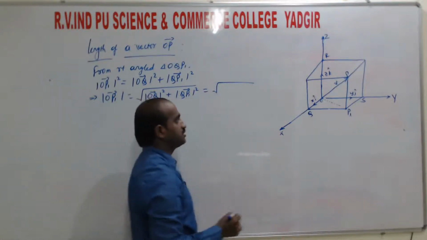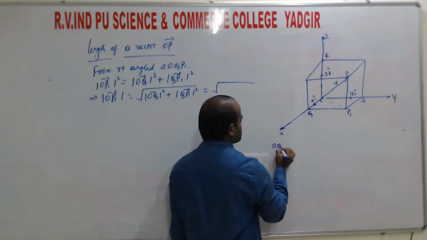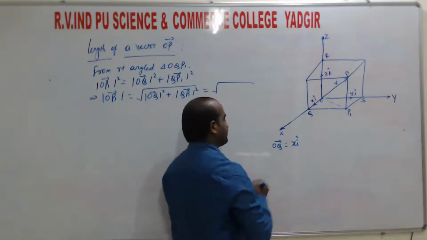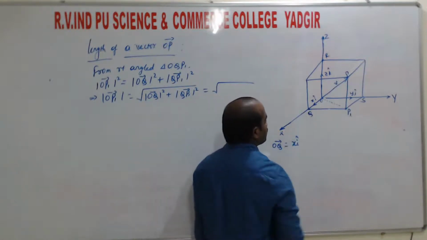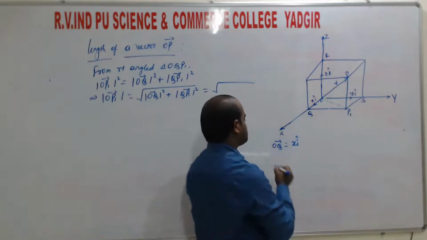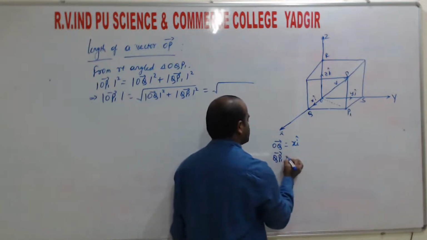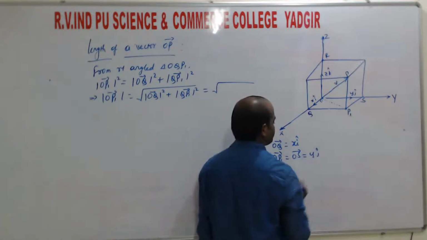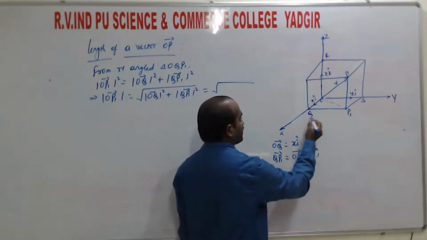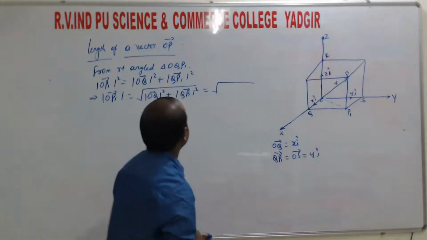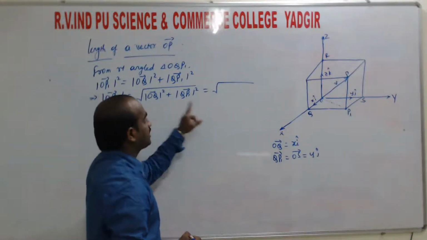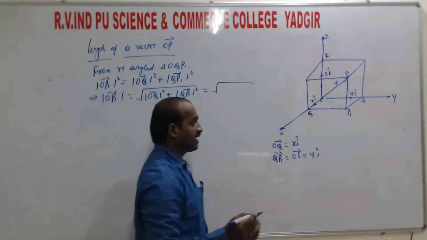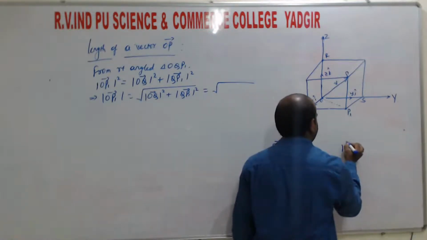You know this: the OQ vector is xi, and the QP1 vector is equal to the S vector, which is yj. Now we take the magnitude. The magnitude of i cap is 1.